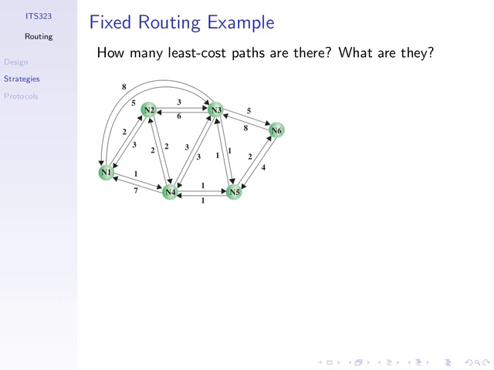The path from N1 to N3, the least cost path, is N1, N4, N5, N3. N1, N4, N5, N3 has a cost of 3.